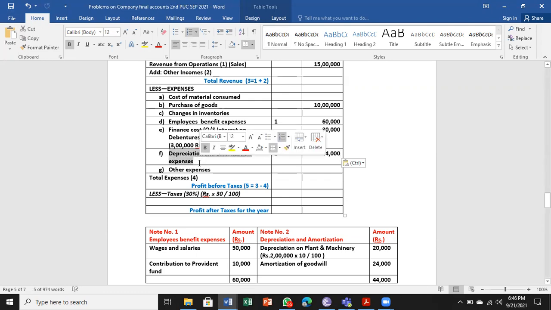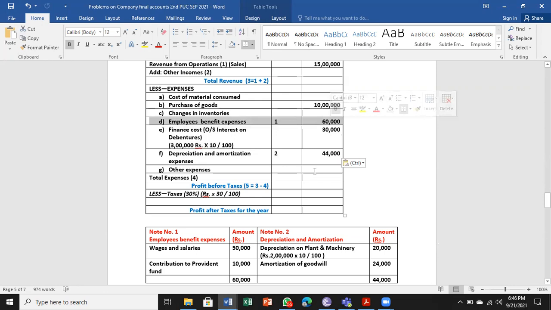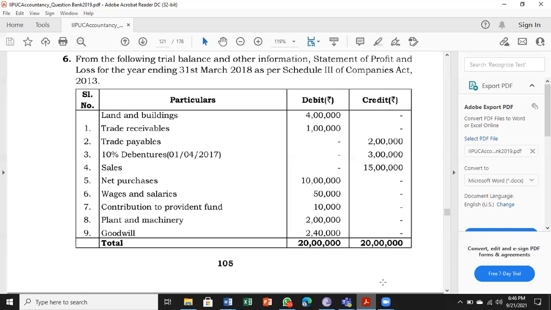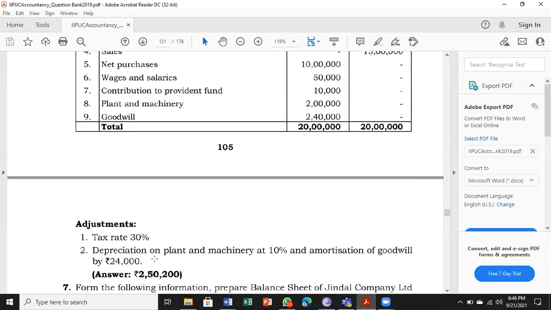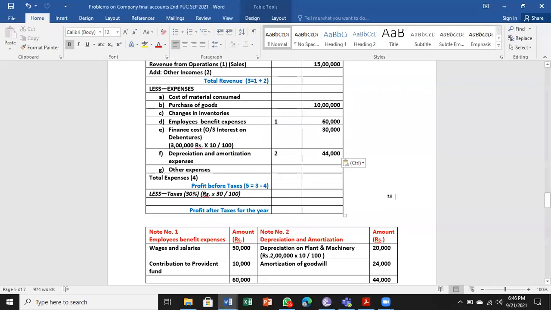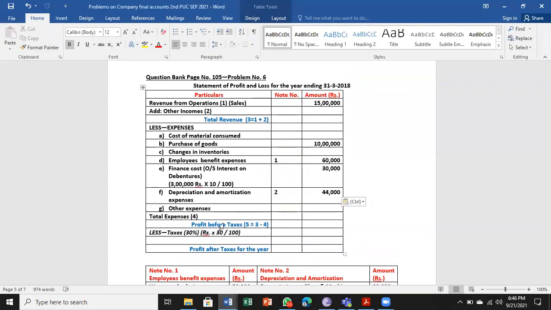So depreciation 44,000 and employee benefit expenses 60,000. So I have taken both. Now, after all the adjustments are considered, which are expressed and which are implied, I am left with only the tax rate, which I will take when I go for totaling the income statement.